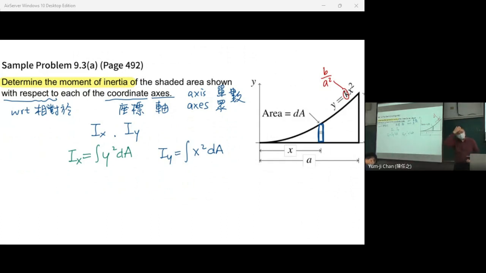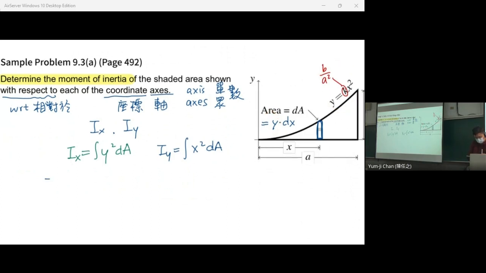Now, Iy is equal to the integral of x squared dA, so it is easy because dA is equal to what? Equals y times dx. And of course y is equal to this one. So let's do Iy first.